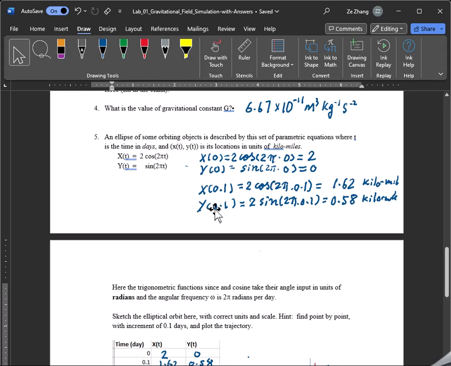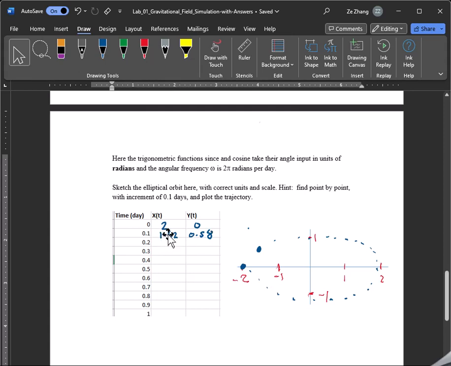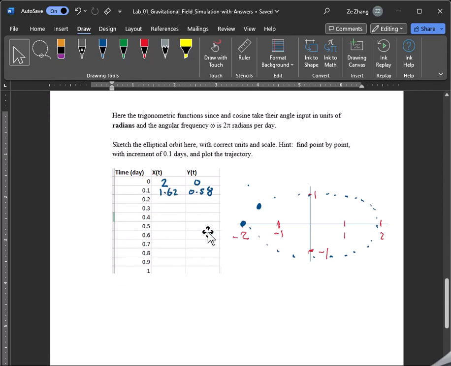The y coordinate goes up a little bit: 2 times sine of 2 pi times 0.1, and you get 0.58. So you enter 1.62, 0.58, and carefully put this second point here.